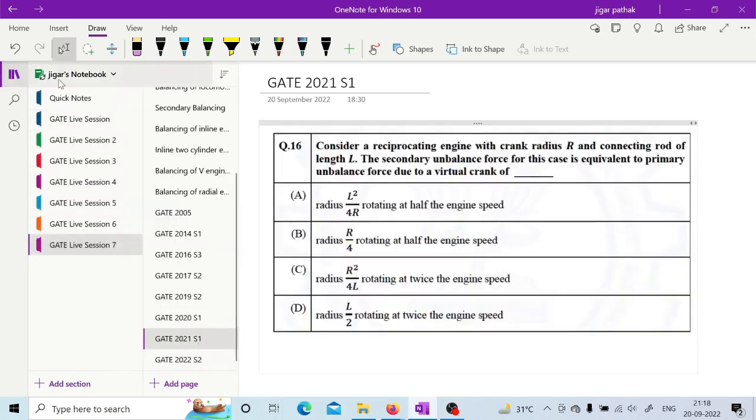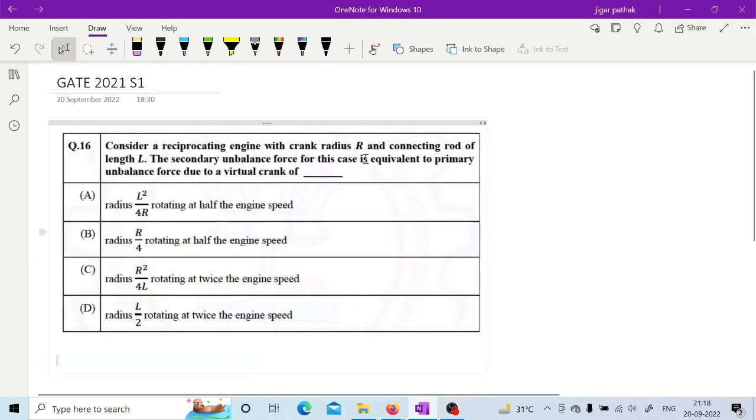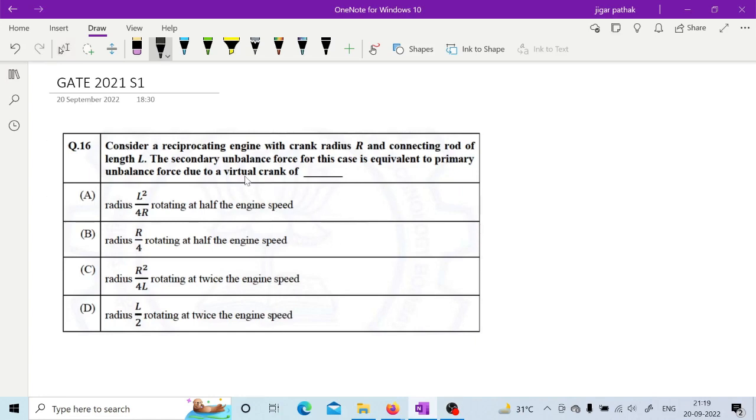Now next is this, we have seen, right? Consider a reciprocating engine with crank radius r and connecting rod length L. Then the secondary unbalanced force in this case is equivalent to the primary unbalanced force due to a virtual crank. We have seen that imaginary crank for the secondary unbalanced force, right?